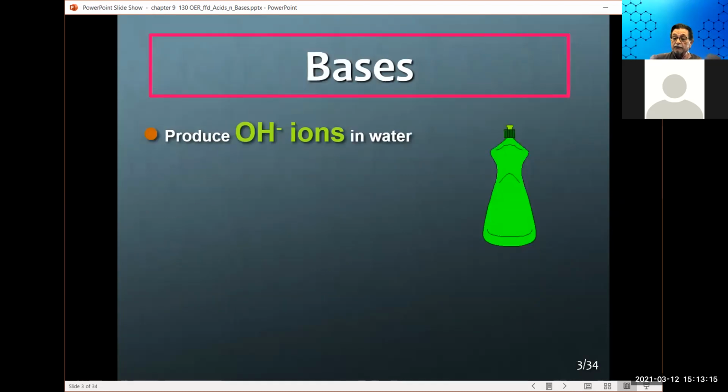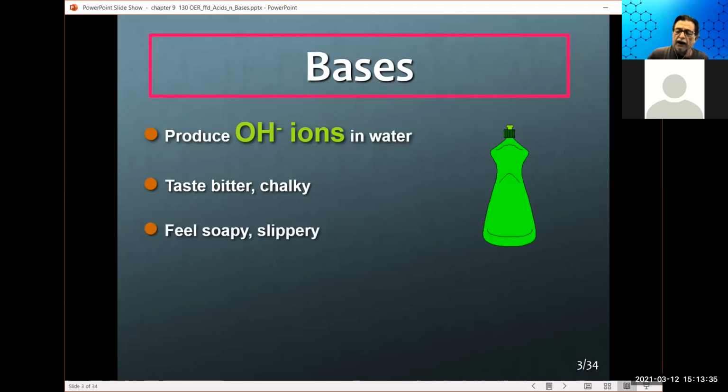Okay, as I mentioned, anything that produces hydroxide ions in water is classified as a base. Now, I wouldn't recommend tasting bases themselves. They're very bitter and kind of chalky in solid form. If you get some on your hand, it feels slimy. A good example of this would be Liquid Plumber. Liquid Plumber is a strong base. If you get some on your finger, it feels slimy.